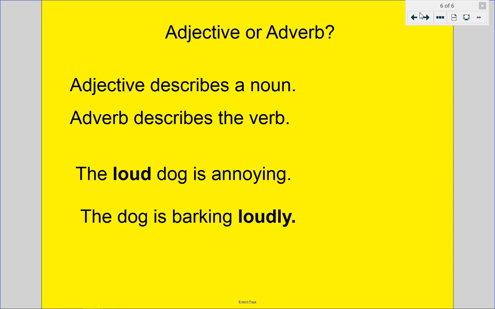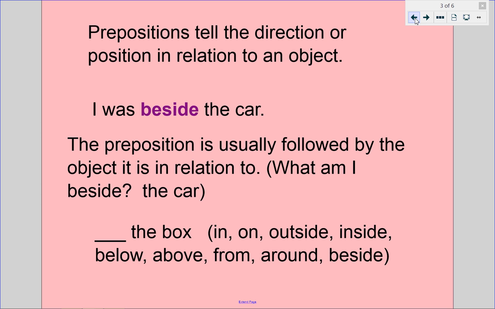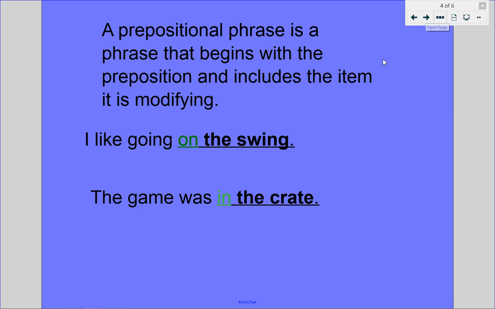Okay? So just a quick review then. Prepositions tell in relationship to another object, beside the car, under the deck, in the bathroom, whatever it is, that would be your prepositional phrases, because your preposition is the word that shows position in relation to something.